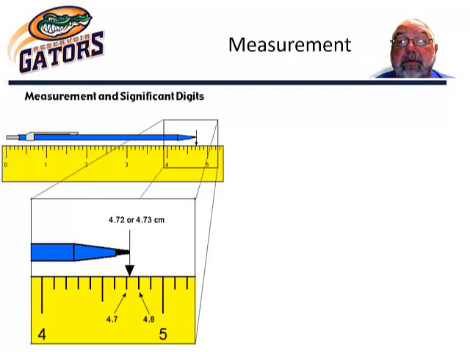We have to report 4.7 centimeters, plus we need to estimate that last digit. The hundredths place is an estimate. The ruler is only marked to the tenths, so we have to estimate to the hundredths. We can't estimate better than the hundredths. We couldn't throw a thousandths place in there. That would be overstating the precision of our device.